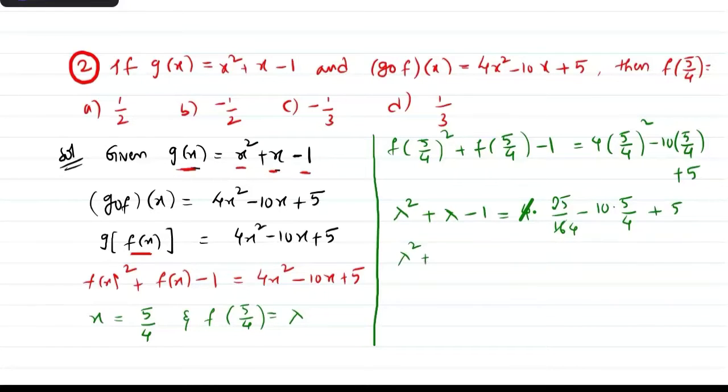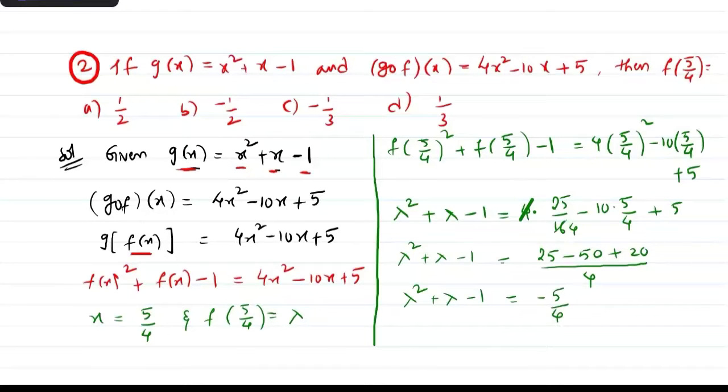Okay, lambda square plus lambda minus 1 is equals to 25, 5 10s are 50, 4 5s are 20, whole by 4. Okay, right. So lambda square plus lambda minus 1 is equal to 45 minus 50 is minus 5 by 4. Minus 5 by 4. Right.